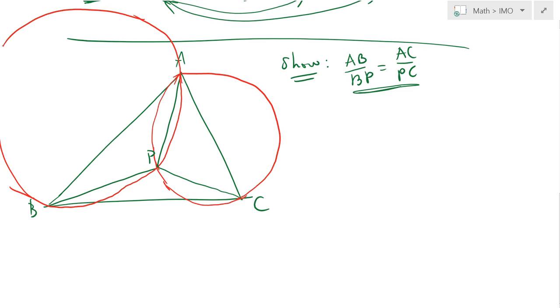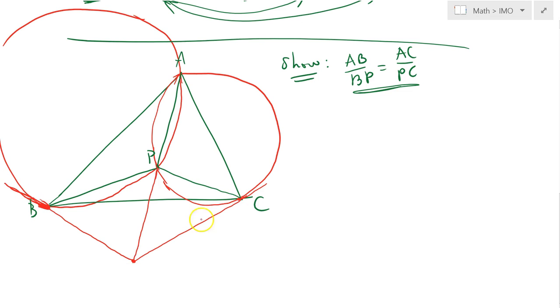And now at this point, I make this crucial drawing. I will extend AP and I will draw the tangents to the two circles at C and the point B. Those tangents, I claim, should both meet at the line AP.